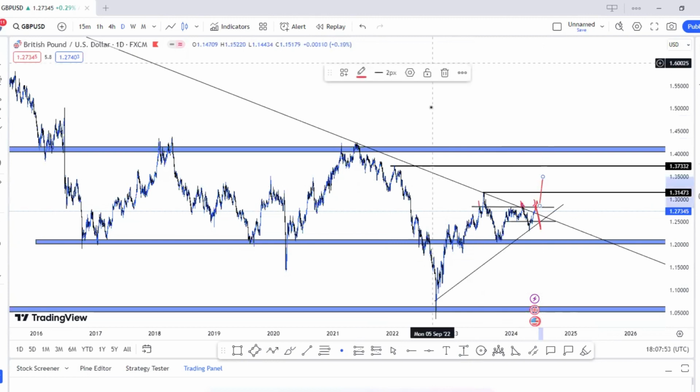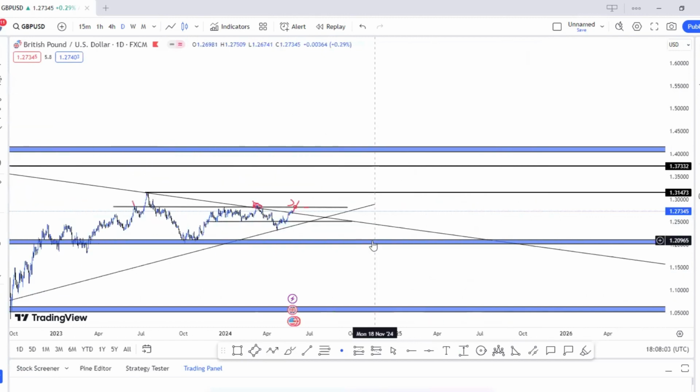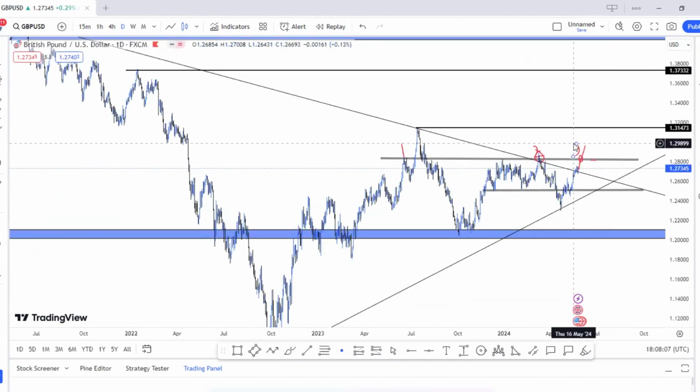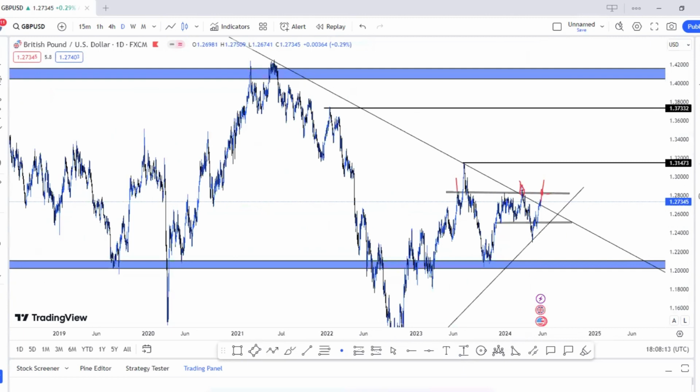When the market opens, it is going to tell us what our action will be. But I'm favoring the upside for GBPUSD. So that is that for GBPUSD. Let's move to our next pair.